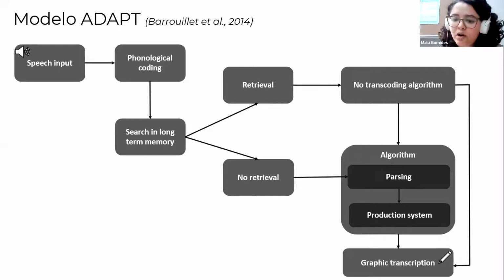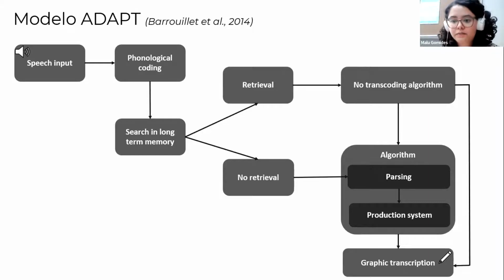A prominent model that aims at addressing the cognitive mechanisms underlying number transcoding is the ADAPT model. To briefly try to explain this model, we could make an analogy with the dual-route model of word spelling. The ADAPT assumes that in the first step of number transcoding, the verbal input would be phonologically encoded.